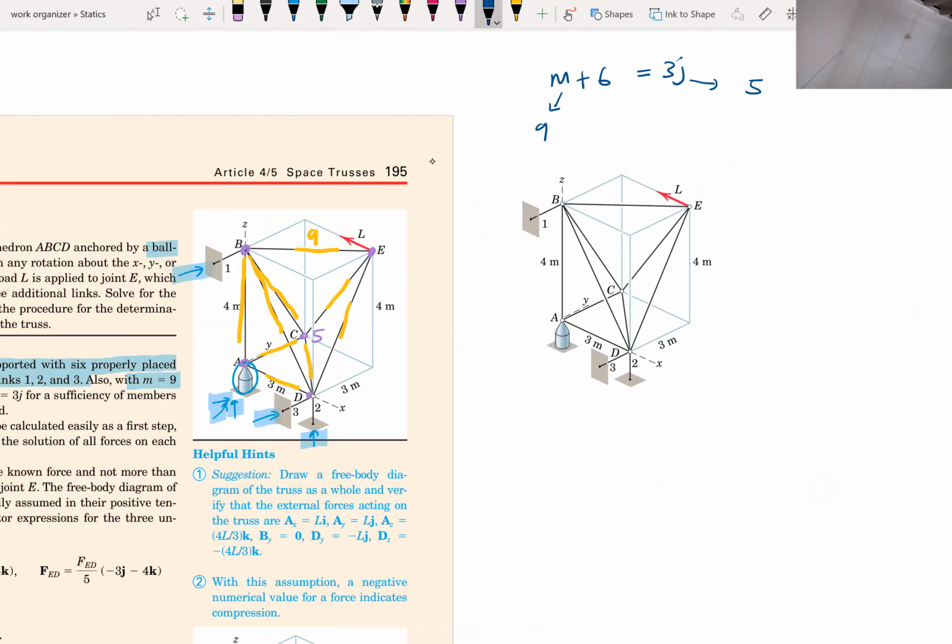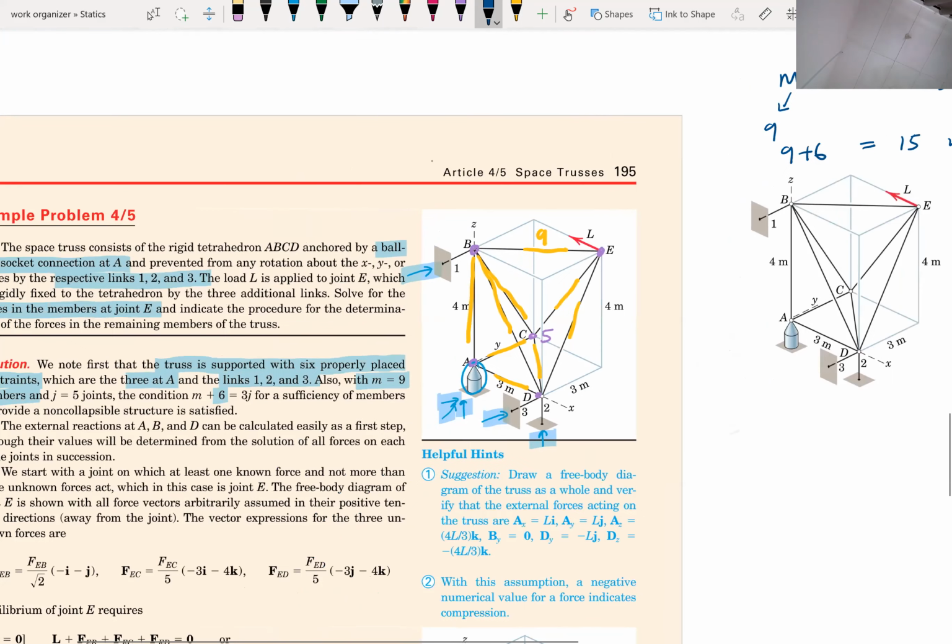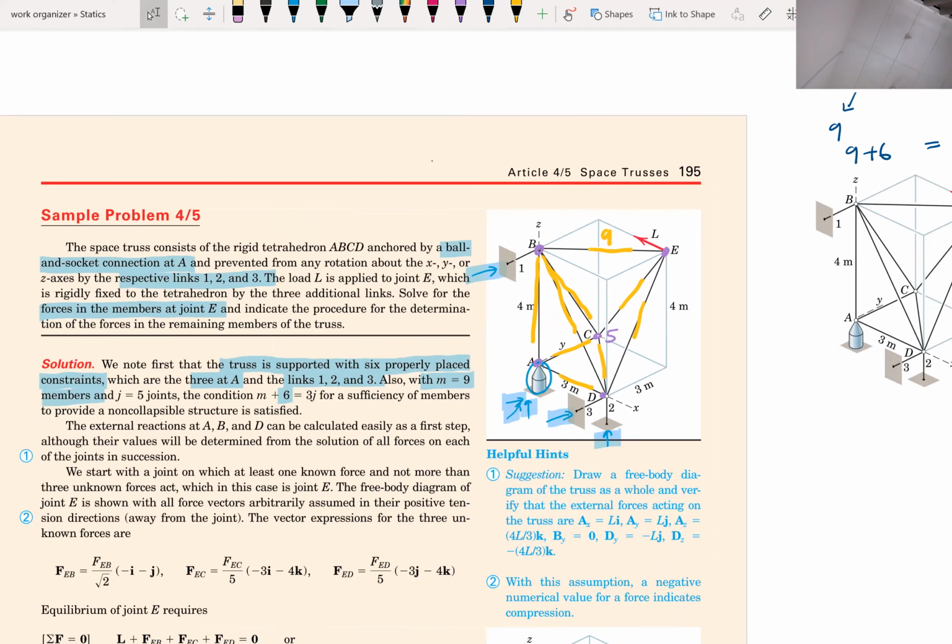So 9 plus 6 is equal to 15. So it is satisfied. It can provide a non-collapsible structure, and the equation is satisfied.